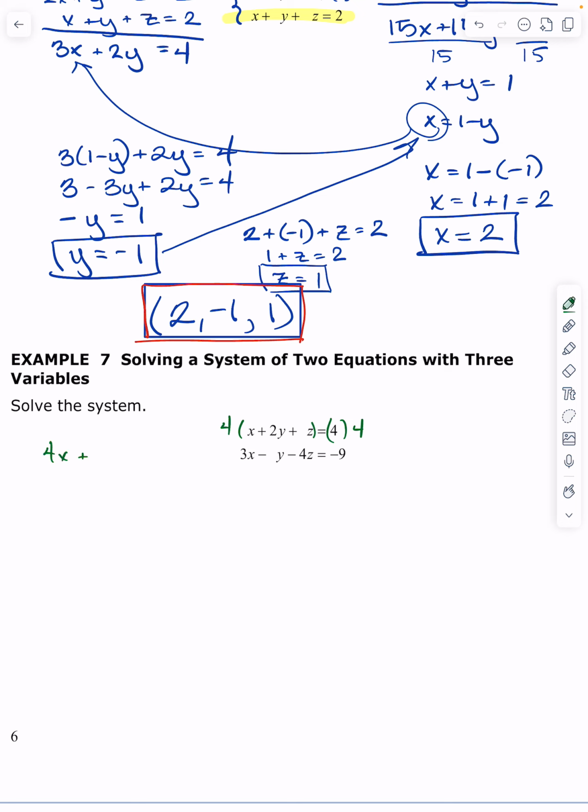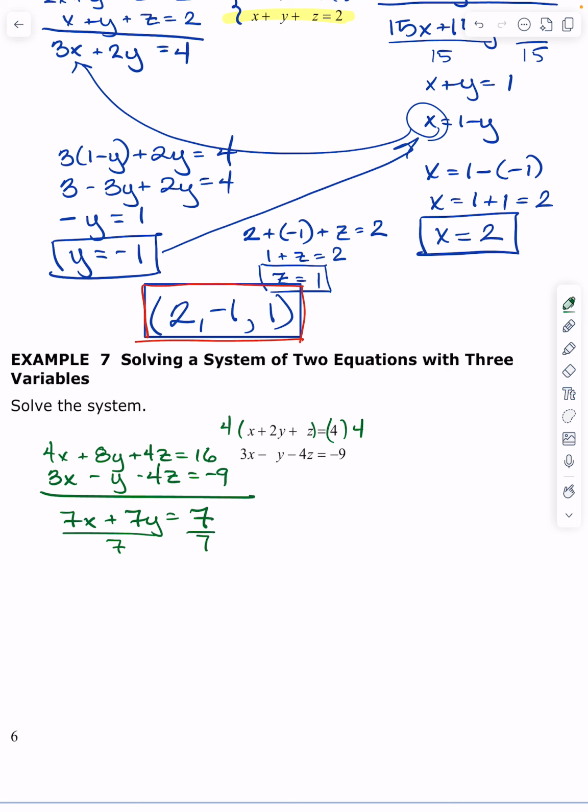I got 4x plus 8y plus 4z equals 16. My other equation is 3x minus y minus 4z equals negative 9, and I'm going to add these together. 7x plus 7y equals 7. Again, I can divide everything by 7. I get x plus y equals 1.